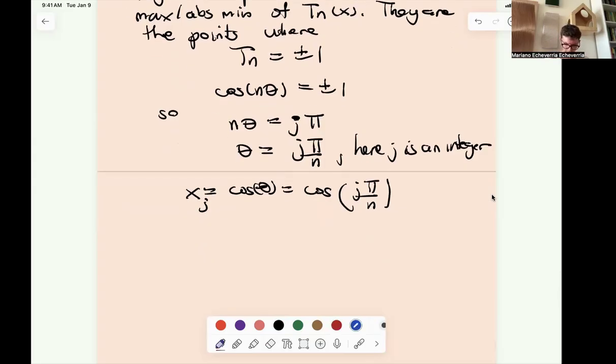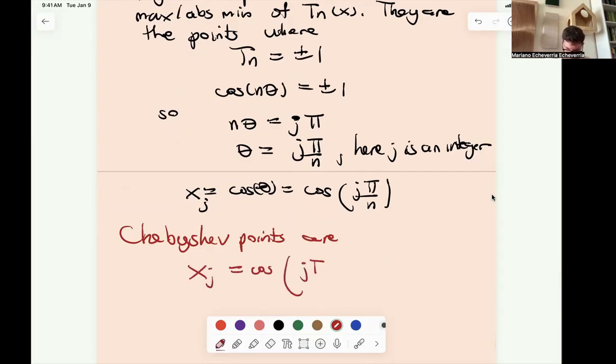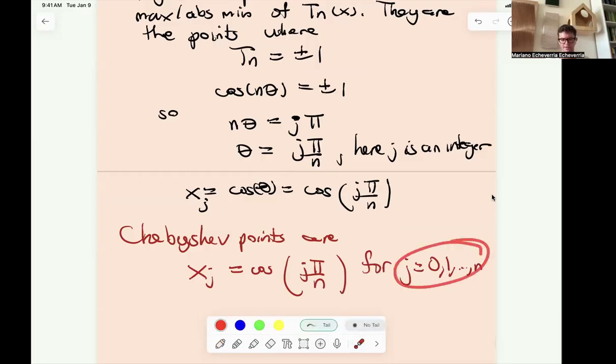I could have started with that definition and just said that these are the Chebyshev points, but it's nice to see where they come from. For j from 0 up to n, because that way you guarantee that the x values are between -1 and 1.